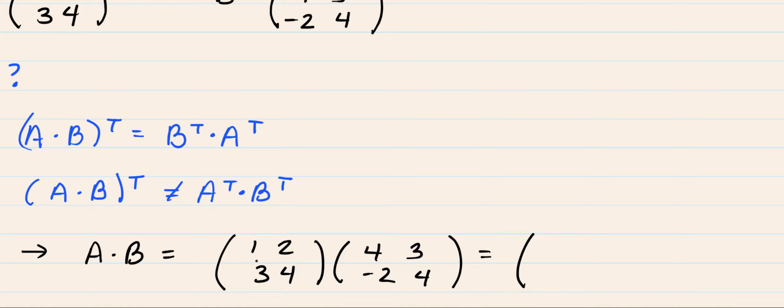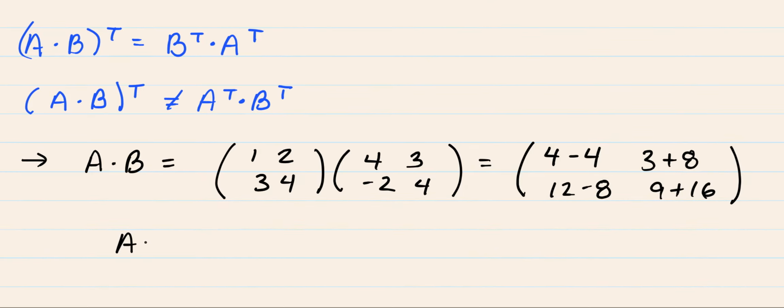By now you should be good at multiplying matrices, so I'm not going to go through it in a lot of detail. We're going to get 4 minus 4, 3 plus 8, 12 minus 8, and then 9 plus 16.